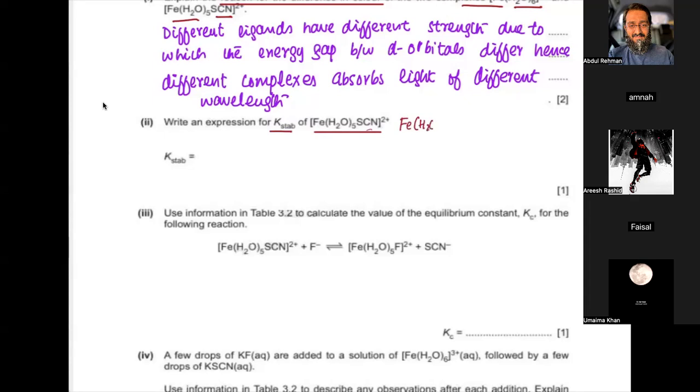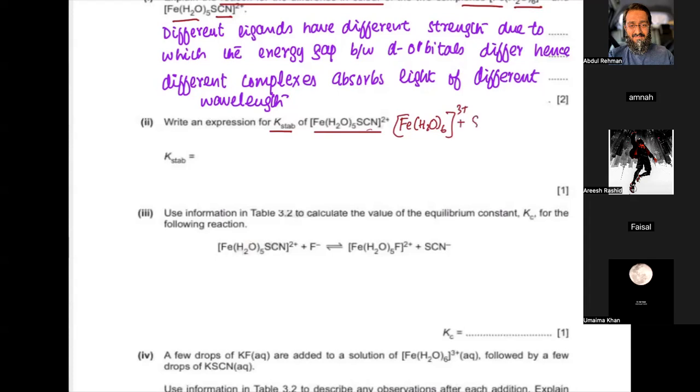So if they are asking to write the Kstab for the complex which they have mentioned, it's basically 3+.